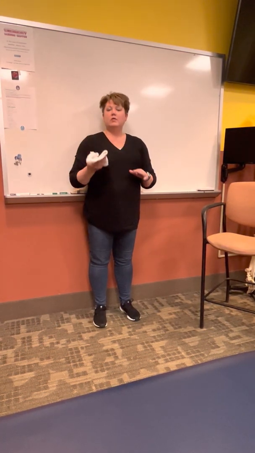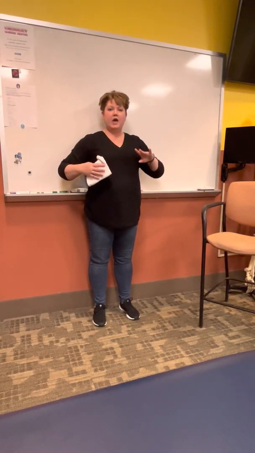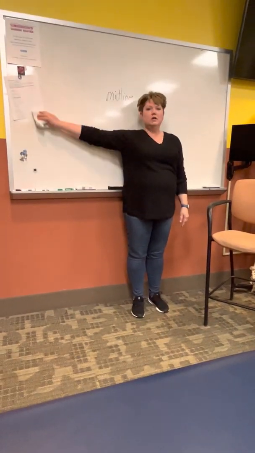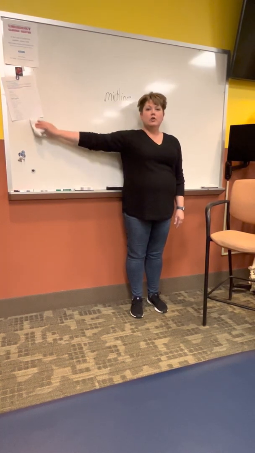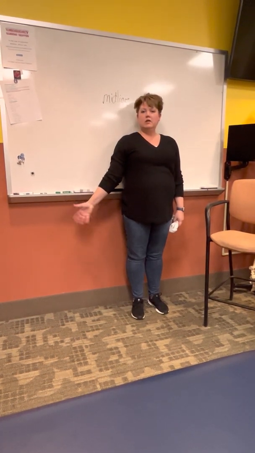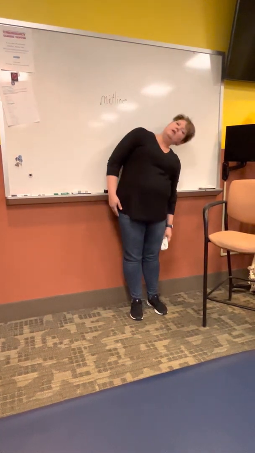So for example, the plane has cut me into a front half and a back half. I could ab and adduct my arm, and I could clean this sheet of glass, okay? I could radially and ulnarly deviate my hand. I could laterally flex, okay?